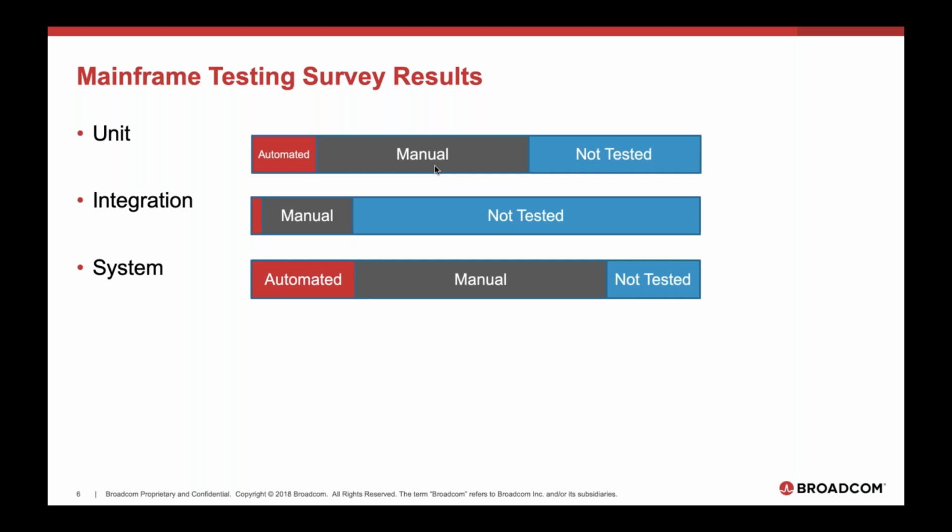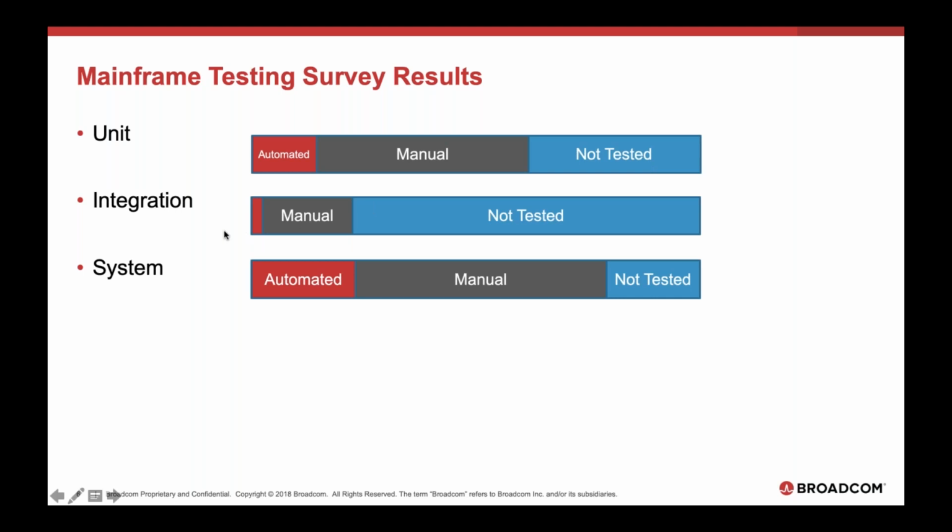They essentially test it manually by running it as maybe a batch job, and they make sure that the results are good. That's mostly how testing is done. And in a lot of cases, even that's not done. Especially if it's a peripheral module that they didn't actually make changes to, but maybe one that's being called. A lot of times that just goes untested.